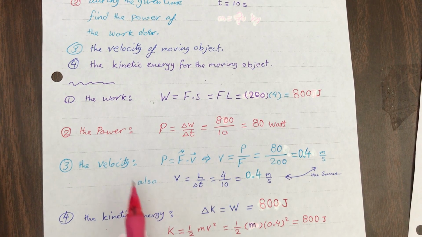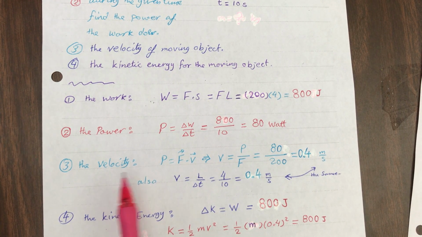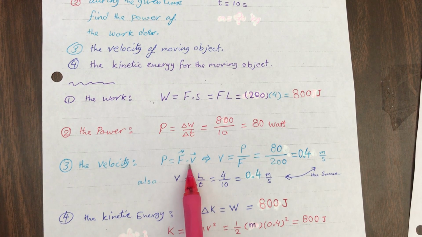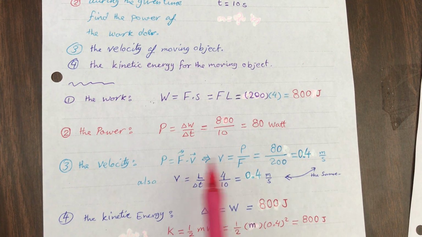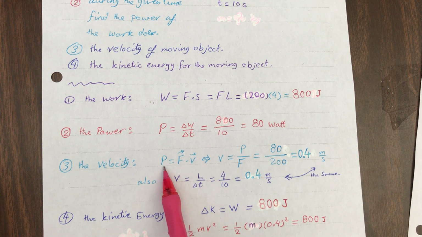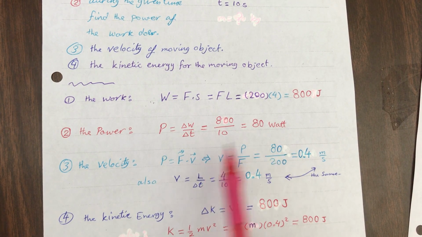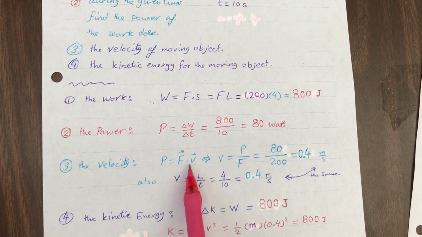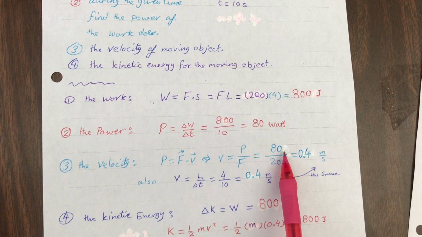Okay, what about the velocity? We have another way to compute the power, which is the force times the velocity. The force is known, the power is computed now, and we need to compute the velocity. The velocity is P over F. We divide both sides by F. P is 80, the force is 200.